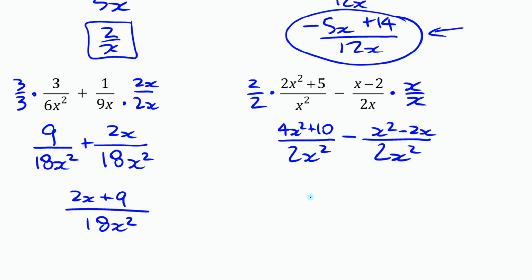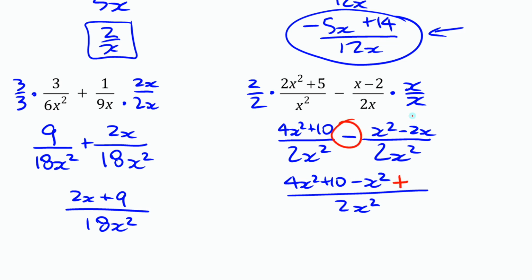Now, just like the one above, I'm going to write it as a single fraction with a single denominator. 4x squared plus 10 minus x squared plus 2x, because we have minus a negative term there. This is as though there's brackets around it, especially important when you're subtracting like that.